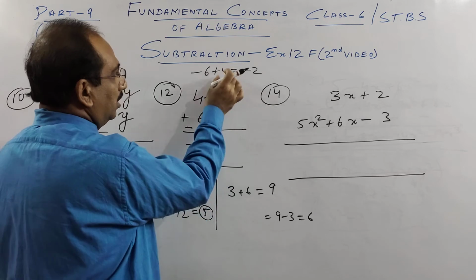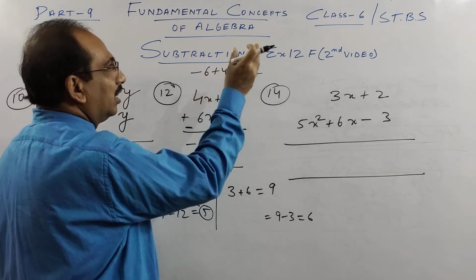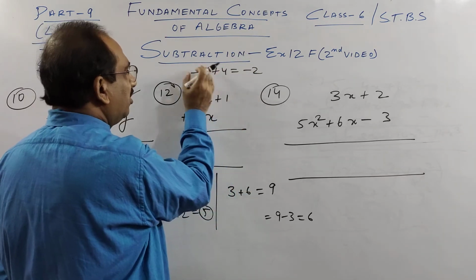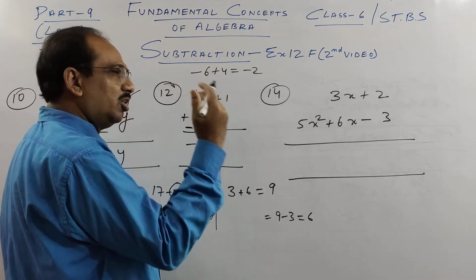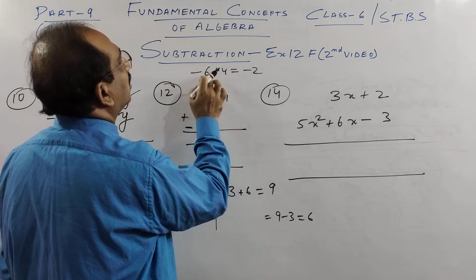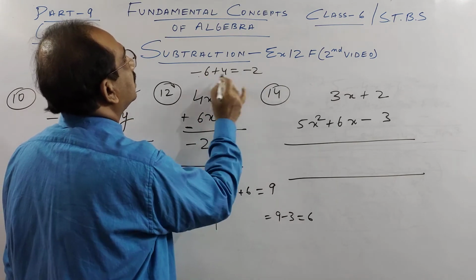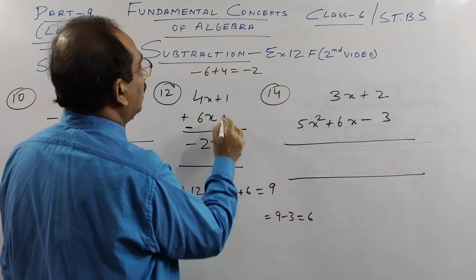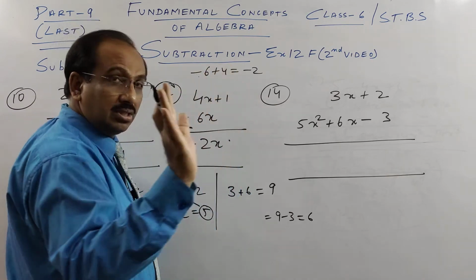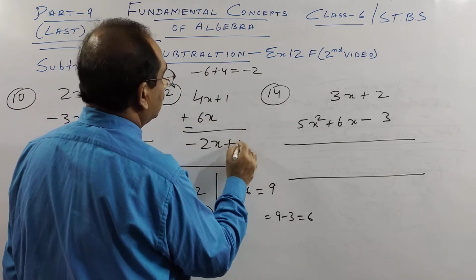Your modulus. It's a little hard for you in class 6. Modulus or mod means the main value. Don't see the sign. Subtract smaller from the larger and put the sign of the larger, which is 6 here. And this you don't change. Up you please don't change. So this is your answer.